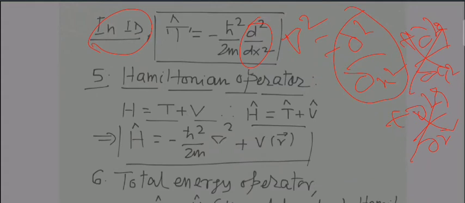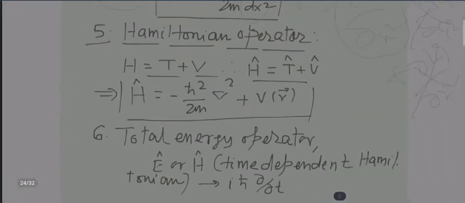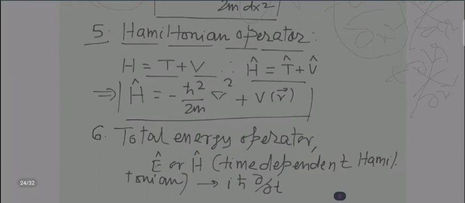Similarly, now we have the Hamiltonian operator. What happens in the Hamiltonian operator? In the case of the Hamiltonian operator, you have what is called a conservative system.